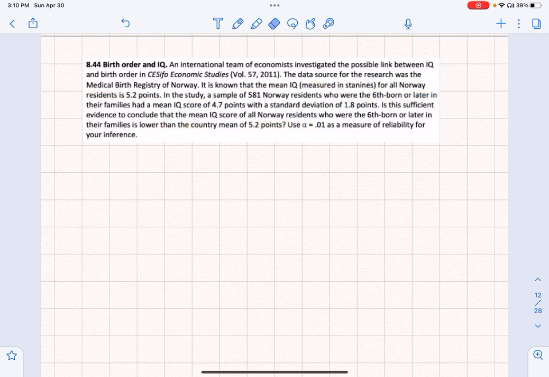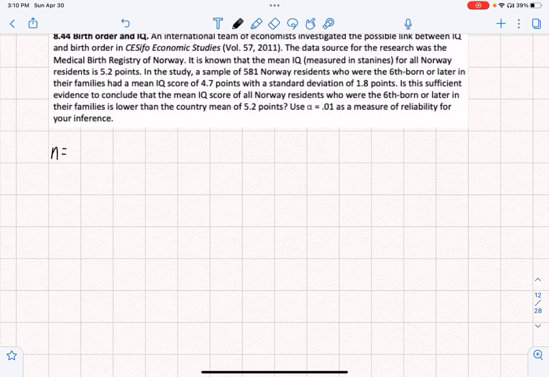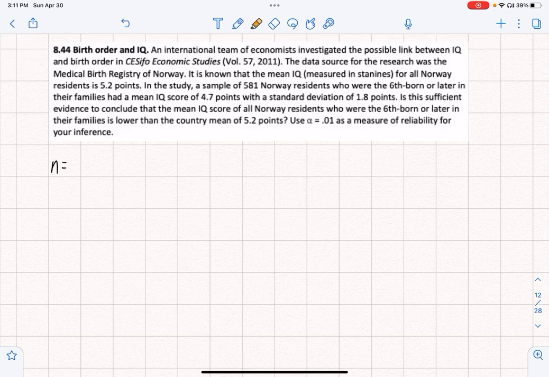Okay, so let's go through this piece by piece, just like we did before. So start with our sample size, n. A sample of 581 residents. So n is 581. X bar, our average.